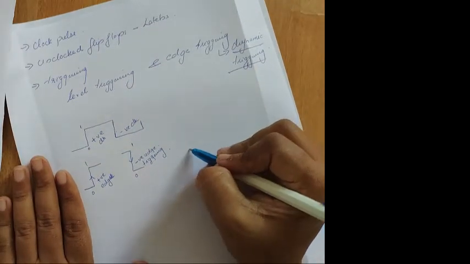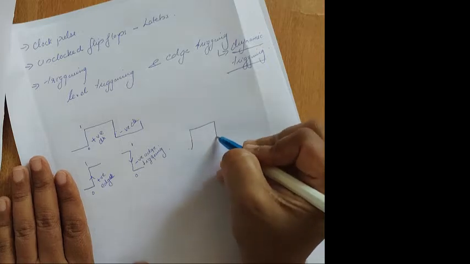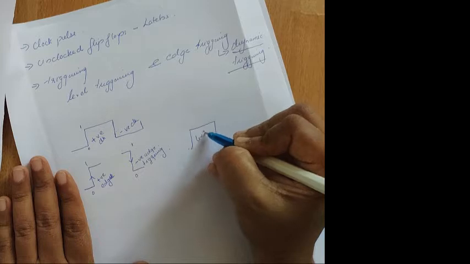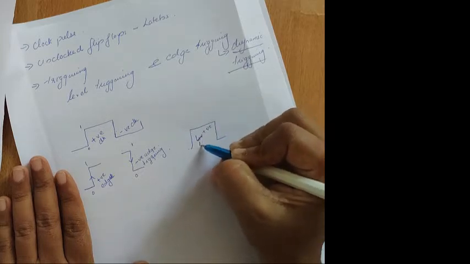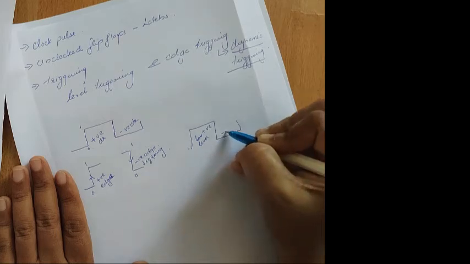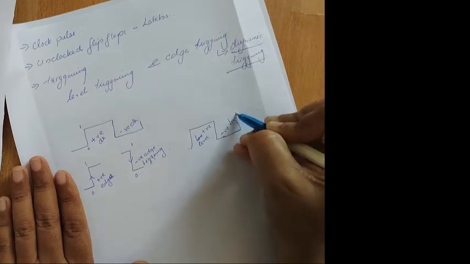If the data is in the positive side of the clock pulse, this is level triggering, positive level triggering. And if it is in the negative side, this is called negative level triggering.